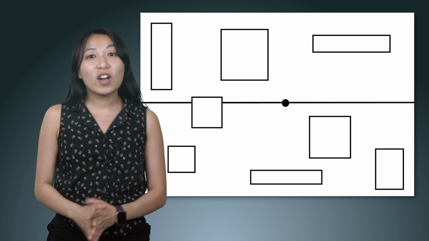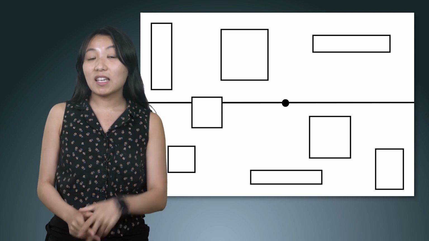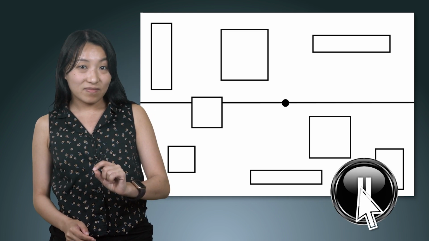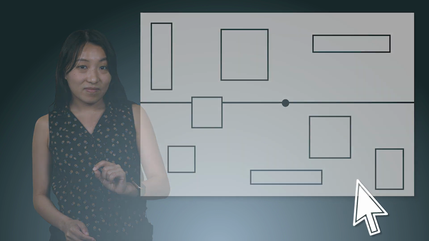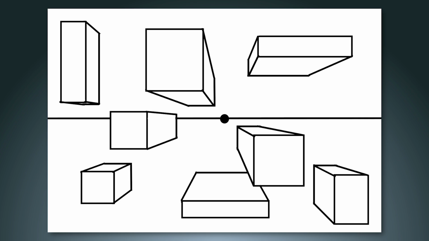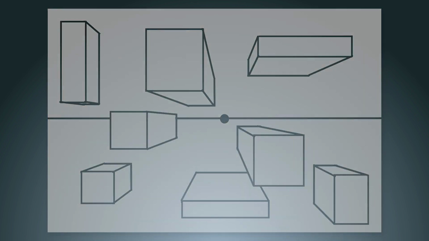Pause the video and try to make these 3D by taking each to the vanishing point. Here's the finished example. Compare your sheet to this one and evaluate your progress. Drawing in perspective is challenging, but you can create some really good illusions of space once you figure it out.